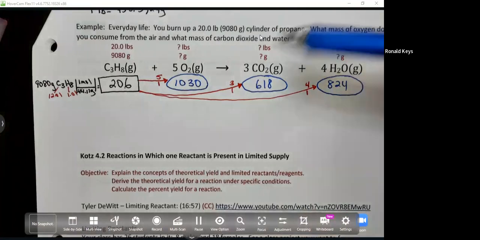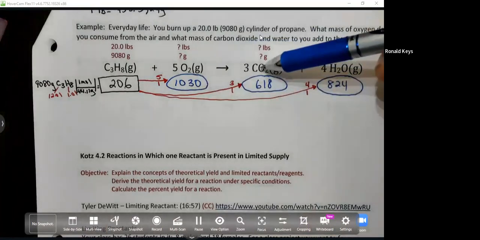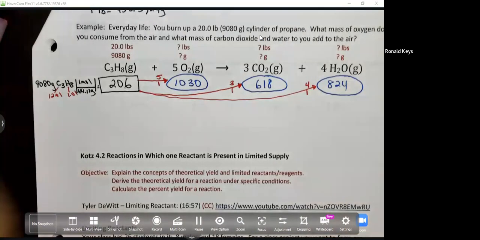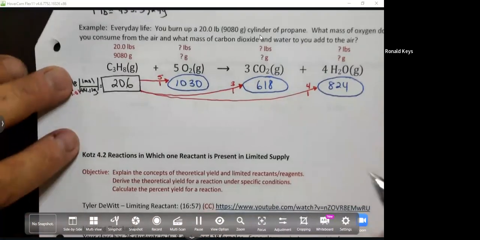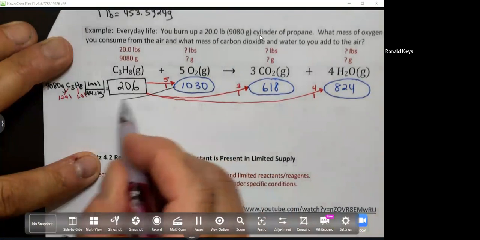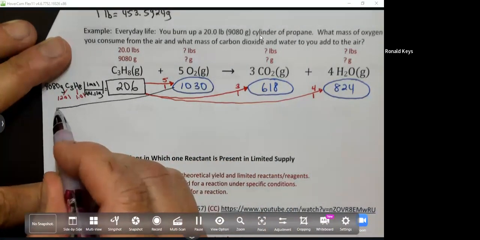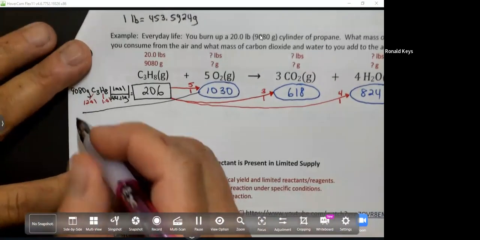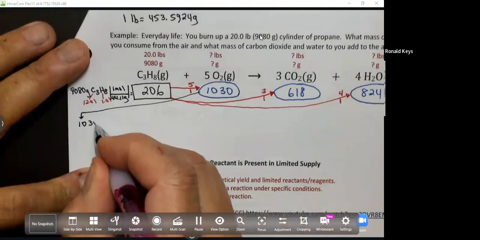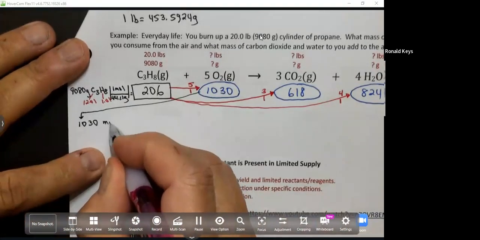So what do you think? Are you putting in more than 20 pounds of carbon dioxide into the air? Or less? The numbers aren't going to lie. Let's figure it out. We got 1,030 moles of O2.